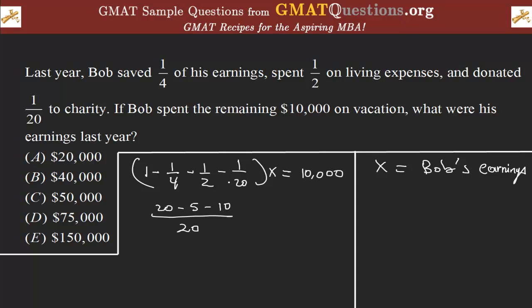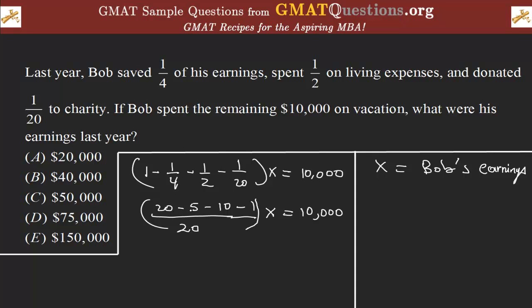Why? Because 2 times 10 is 20, and then minus 1, obviously. And this should give us, now of X, let's not forget the X here, of X is equal to 10,000.